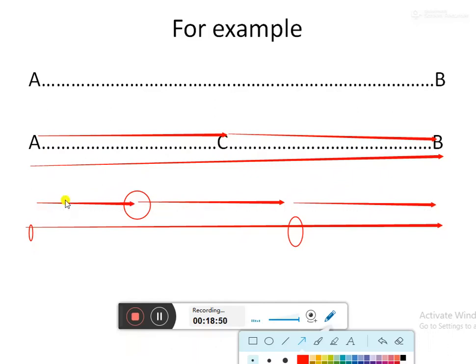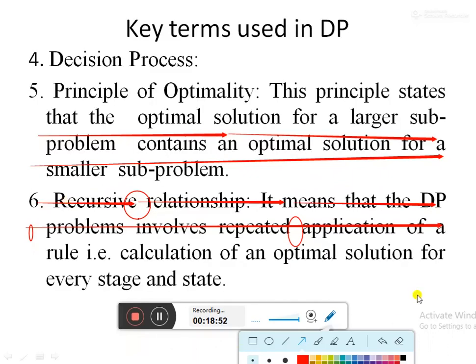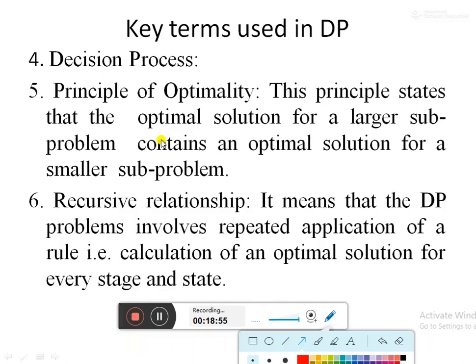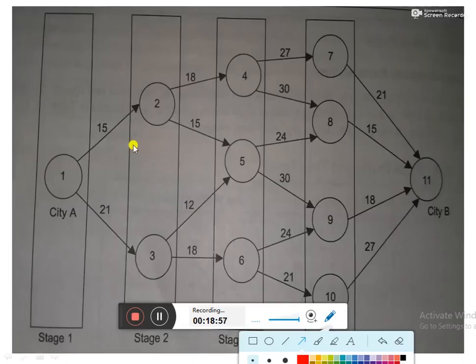So in other words, the shortest distance between point A or city A and city B is only possible if the distance between the given nodes, like from node 1 to node 2, from node 2 to node 5, or different stages, is small.